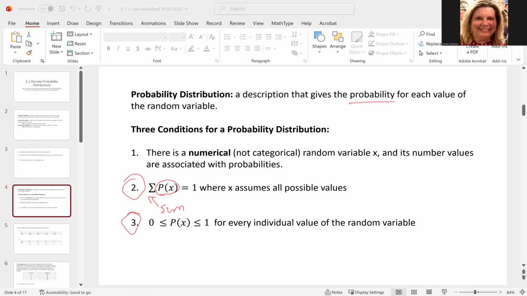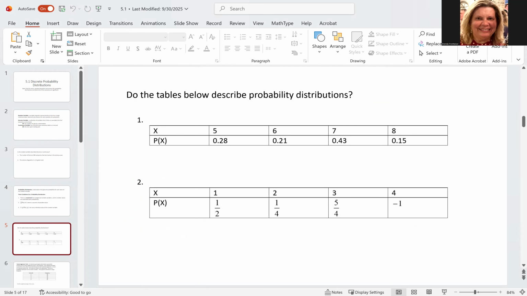The other thing is number 3. Again, don't get too tied up in how this is written. This simply means that your probability needs to be between 0 and 1 inclusive, meaning it could be 0, could be 1, for every single value. We know that because if you get a probability that's outside of that range, there's an error.